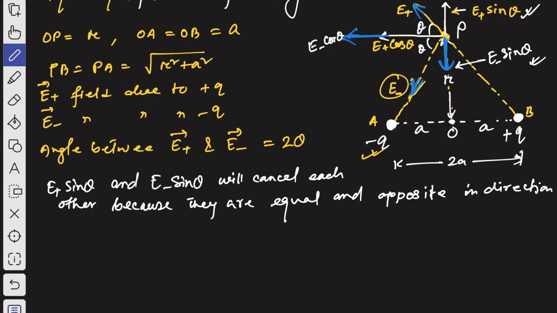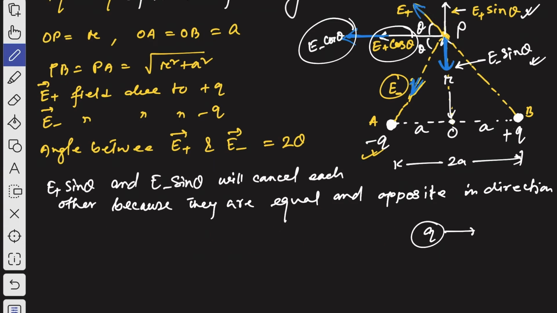So our resultant field will be due to these two components, E negative cos theta and E positive cos theta, right?